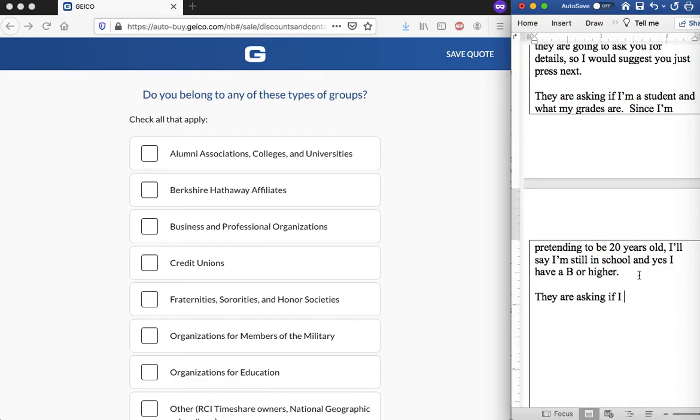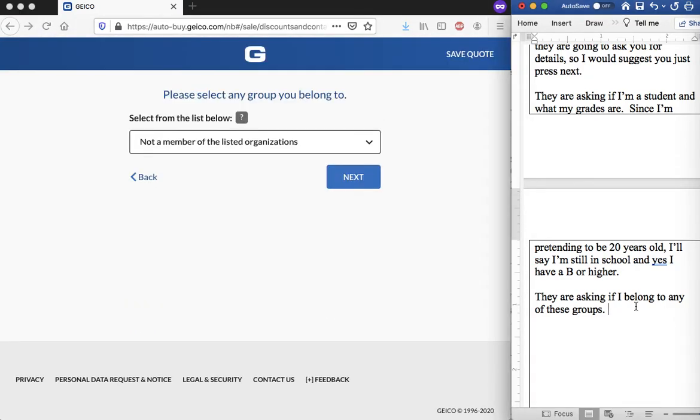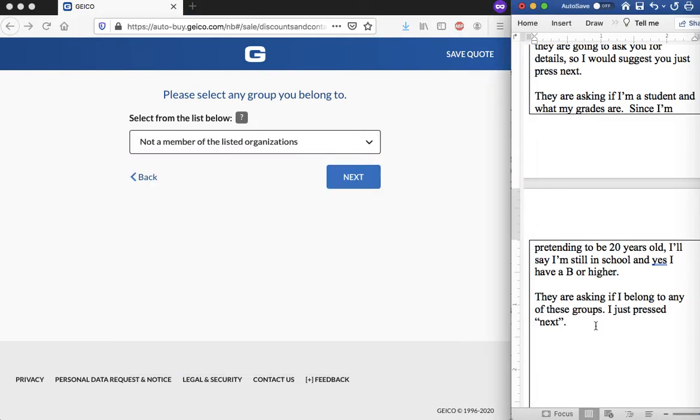They're asking if I belong to any of these groups. I just pressed next. They are asking if I belong to any of these groups. I'm also just going to press next.